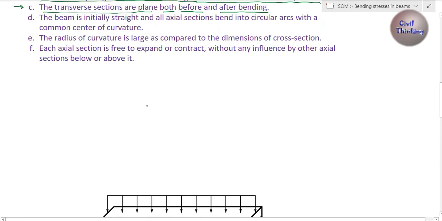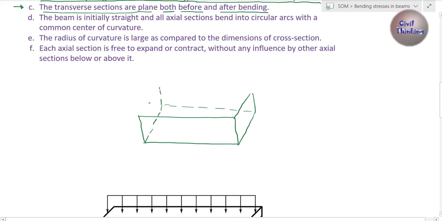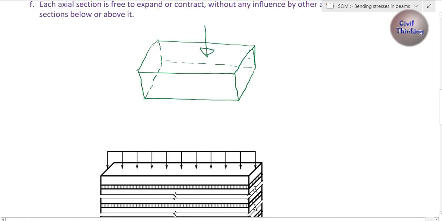Basically, now when you bend, when you apply a load on this, now you can see this is plane, right?